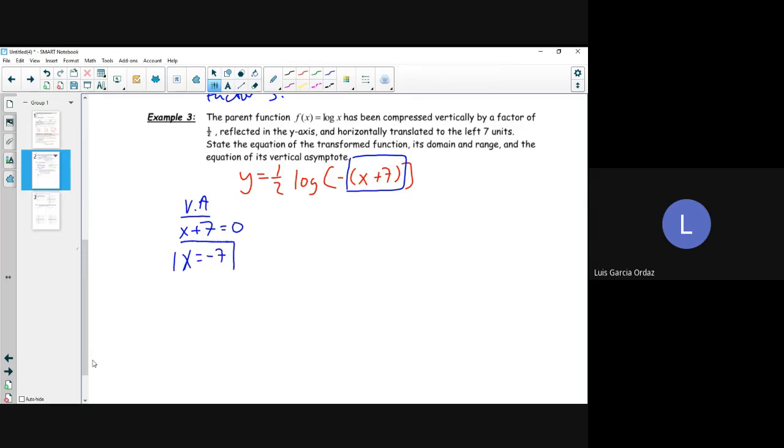Okay, so I want domain and range. So what is the range of a log function all the time? So what is the range going to be of a logarithmic function all of the time?